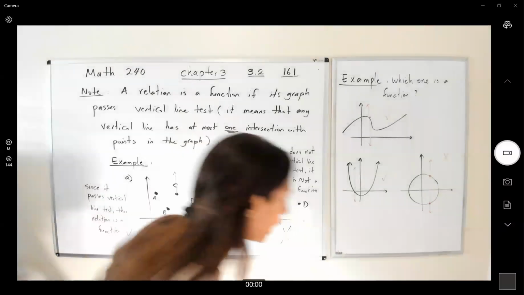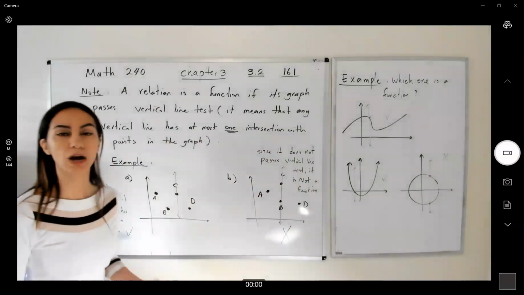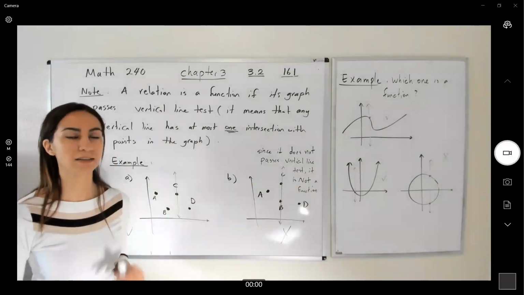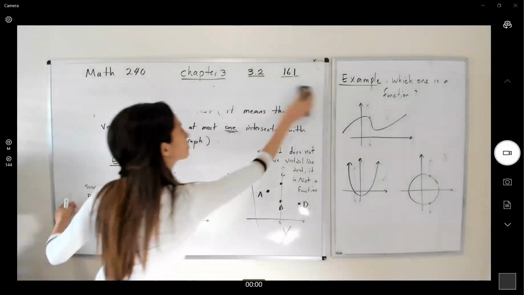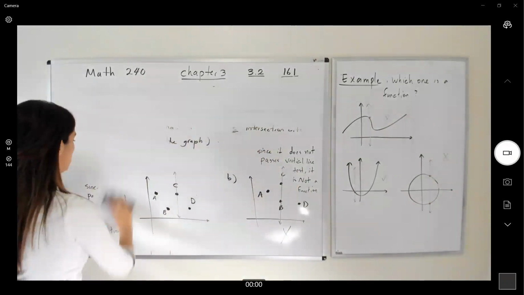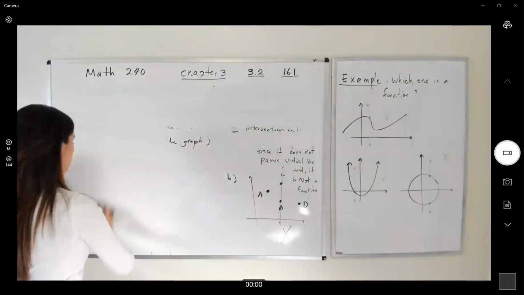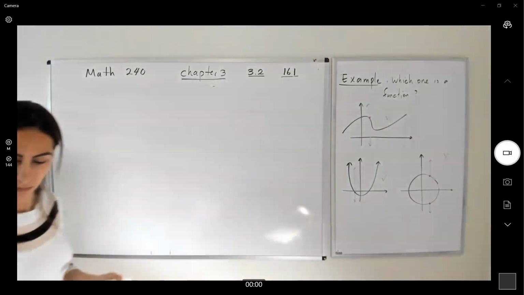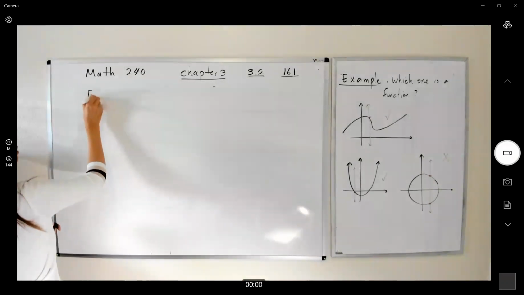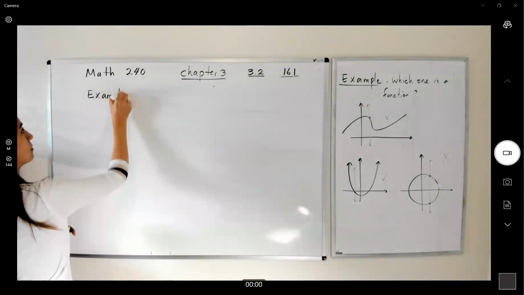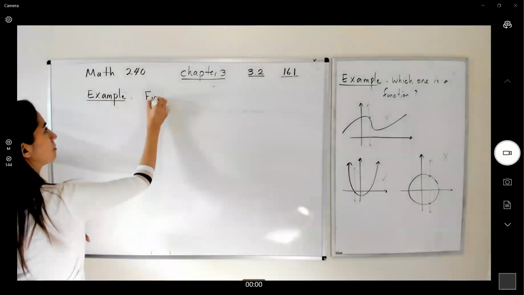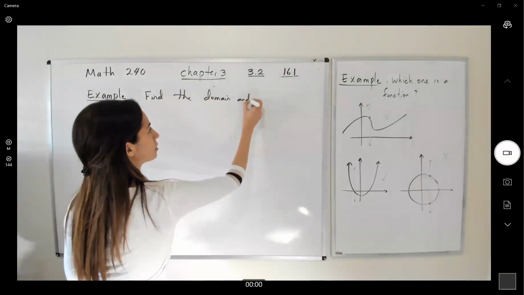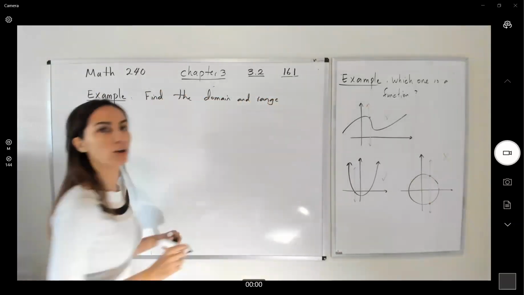Well, now suppose you have some graphs, and you know that you have the graph of a function, and you want to find the domain and range of that function. So suppose you have this example here. Find the domain and range of the following function.